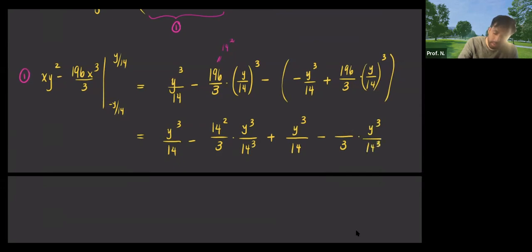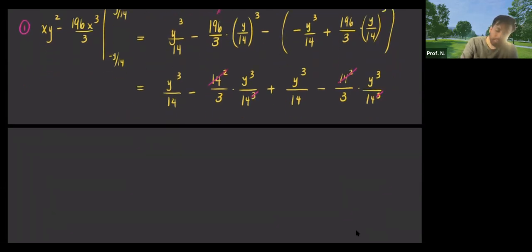Now the 14 squares cancel, so I'm left with only a 14 in the bottom. And so I'm left with y cubed over 14 plus y cubed over 14, which is 2y cubed over 14. And I get y cubed over 3 times 14 minus y cubed over 3 times 14. That's minus 2y cubed over 3 times 14.